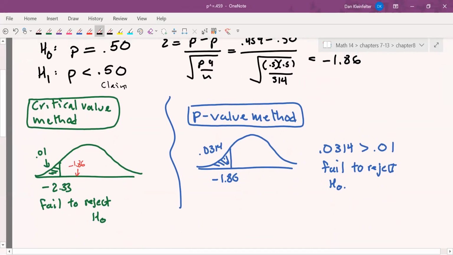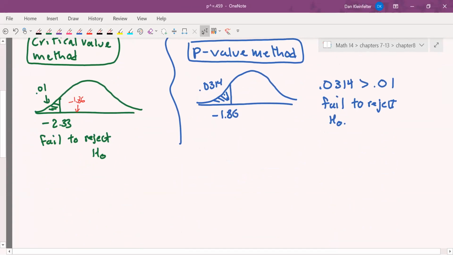So if we can't conclude that H0 is false, or that we can't reject H0, then that means that we can't support H1. So that means that there's insufficient evidence to support the claim.